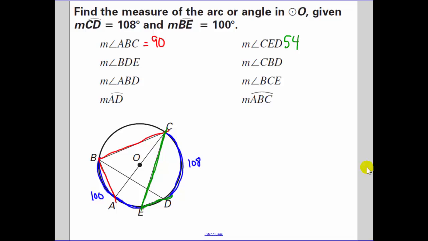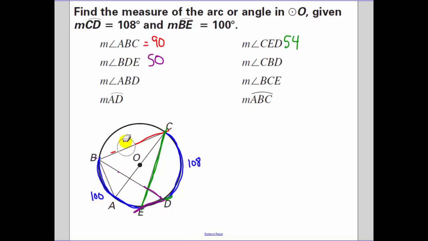Okay, angle BDE. That intercepts this arc right here, so that's going to be 50.